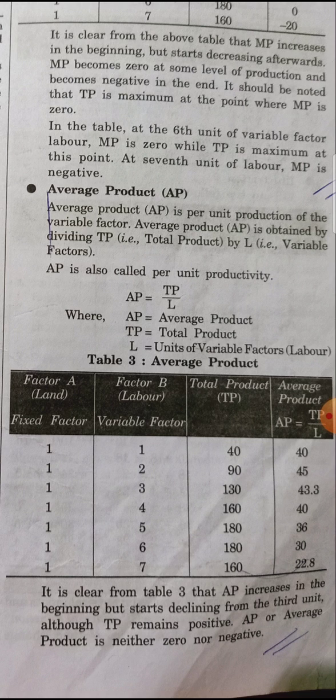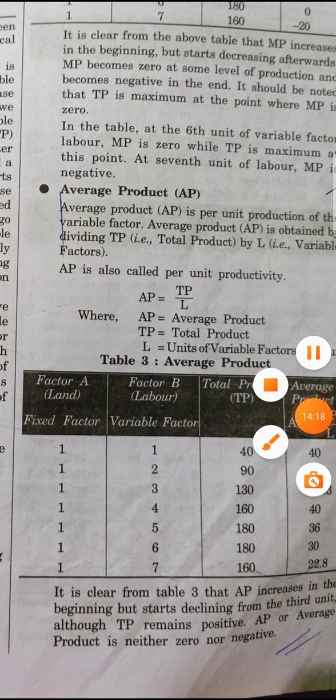Whatever the production done per unit, the average product is obtained by dividing the TP by the units of the variable factor. Suppose TP is equal to 90 and the variable factor is 2. If we divide 90 by 2, we get 45. So the method is applicable, right? So we have completed here.